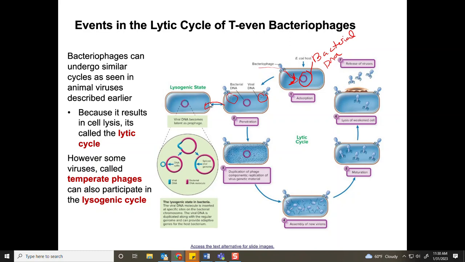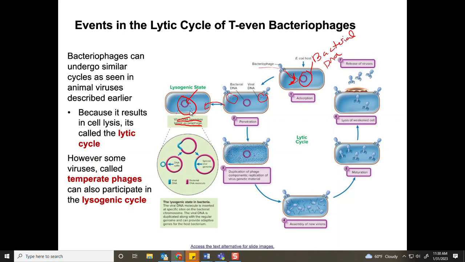And if it enters into the lysogenic state, the viral DNA becomes latent as a prophage. All right, so this is called a prophage because we have this blue section, that's the viral DNA, that has been inserted into the genome of the bacteria.